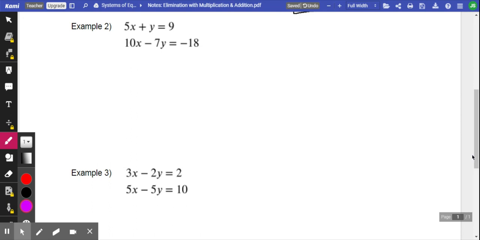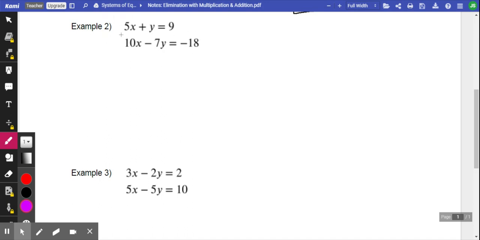Okay, so in example 2, we've got our two equations. Everything's lined up all nice, the x's and the y's and the answers. I've got 5x and 10x, 1y and negative 7y, and then I have my answers 9 and negative 18.